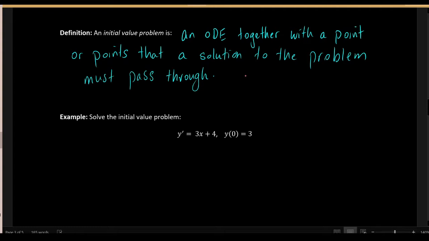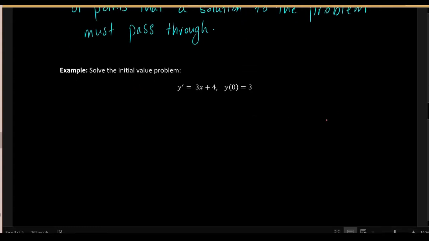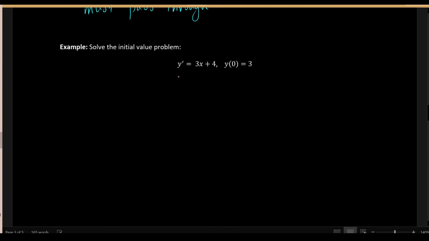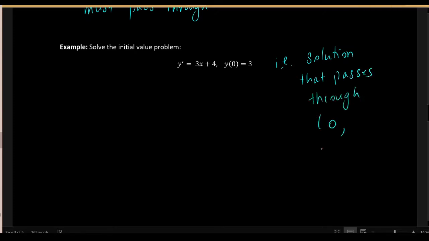For example, let's solve the initial value problem, where we want the solution to the ODE y prime equals 3/2 x plus 4, the specific solution that satisfies y of 0 is equal to 3. Or in other words, we want the solution that passes through the point where x is 0, the input is 0, and the corresponding y value is 3.